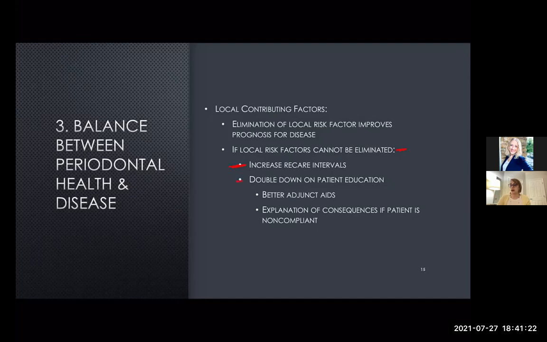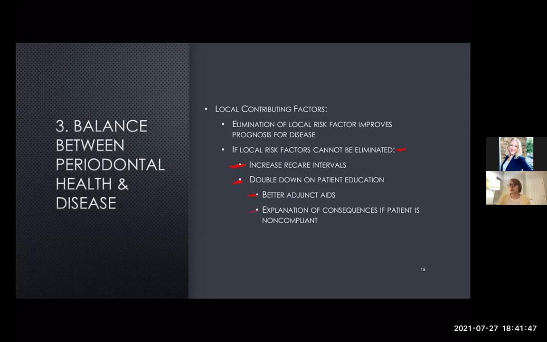We double down on patient education. We have to help the patient understand if you don't do these things, you may lose your teeth. So better adjunct aids. If the patient can't use traditional string floss due to dexterity issues, then we need to find something else for them. We need to help them with a floss handle.